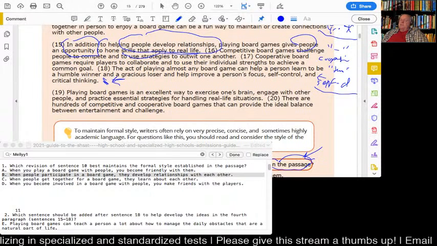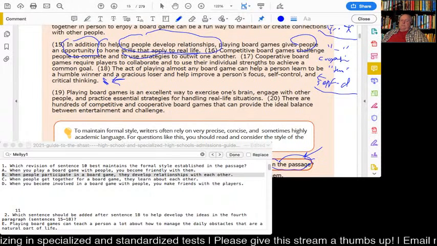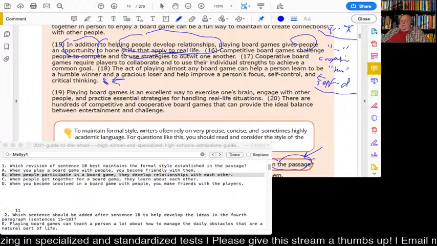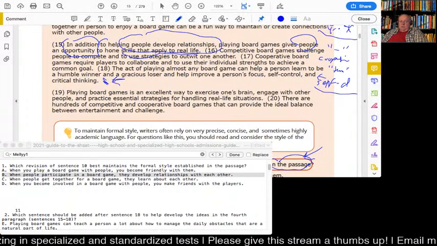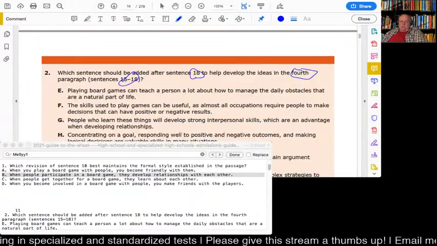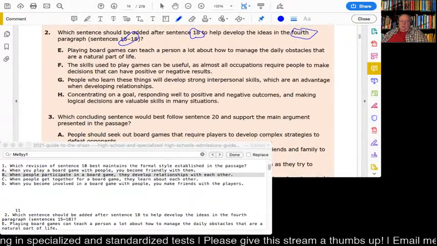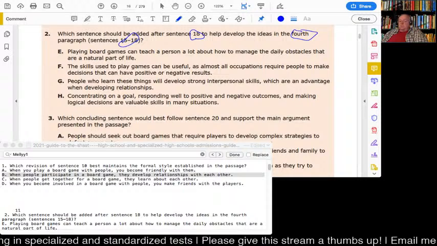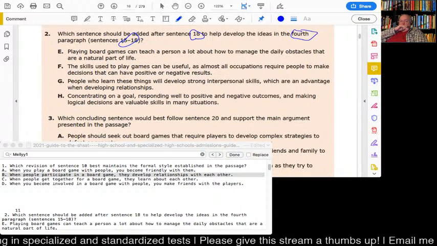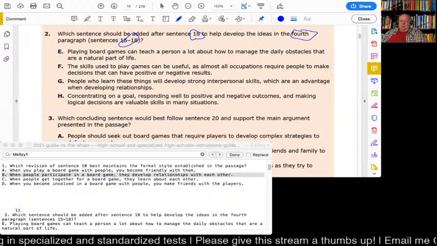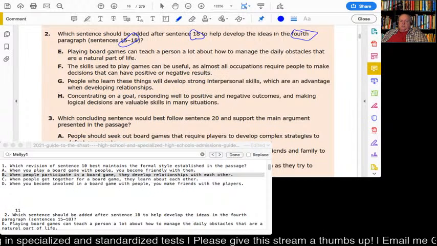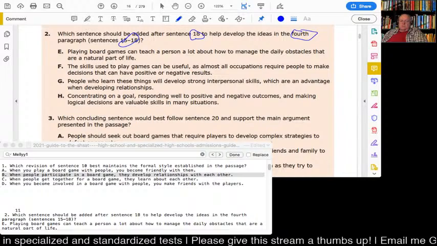That doesn't need to be a guarantee, but often it's the case that there'll be a transition word. So we're trying to add something there, okay? So I'm looking at the choices. There's no transition word this time. So which sentence should be added after there? Playing board games can teach a person about how to manage daily obstacles, the skills. So I don't see a pattern there.